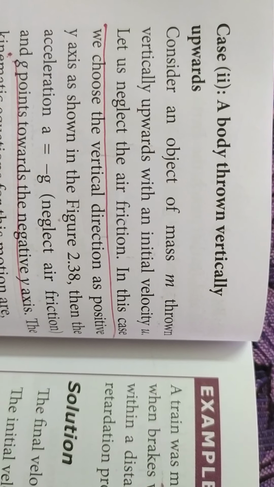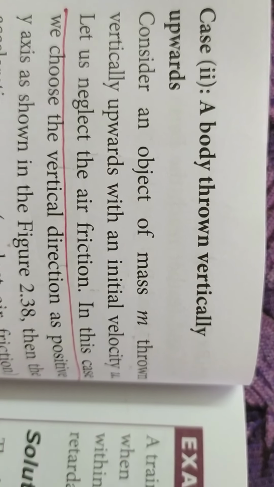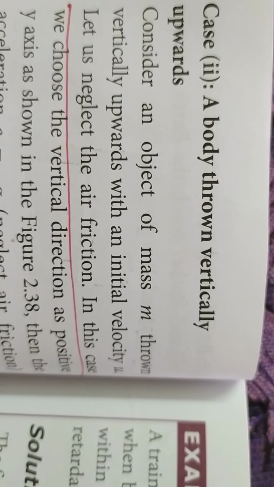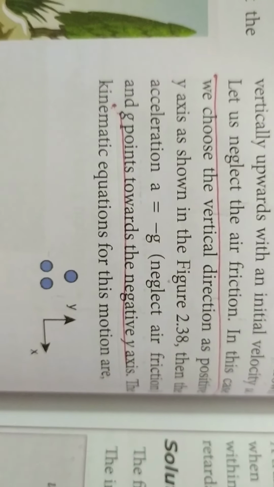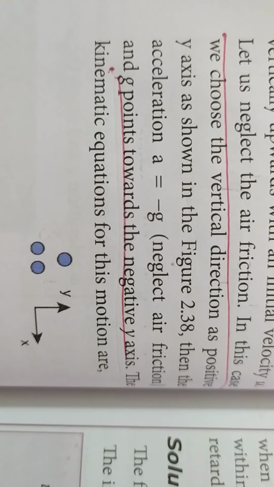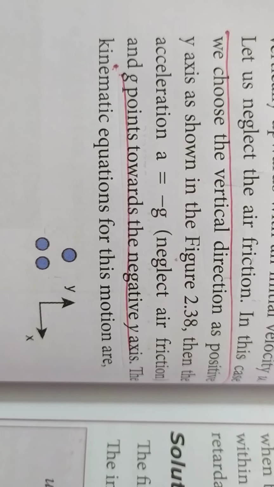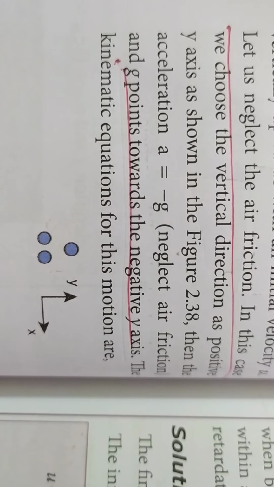And the second case is a body thrown vertically upwards. So here we are neglecting the air friction. And in all equations you substitute a is equal to minus g, because g is towards the negative y axis, and the body is thrown upwards, against gravity.